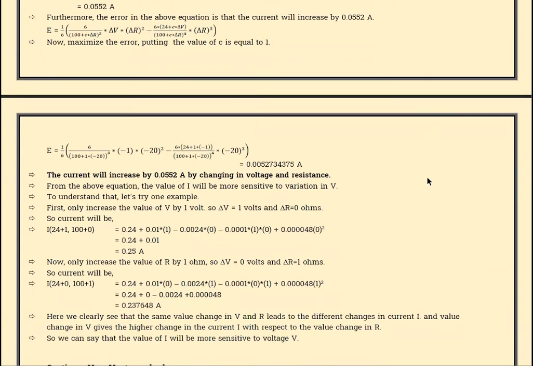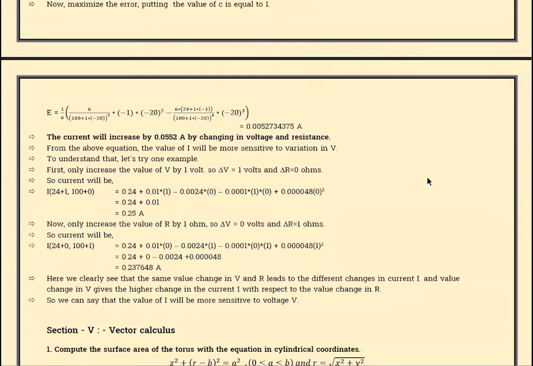Now, to check whether I will be more sensitive to V or R, let's try the first example. When we only change the voltage by 1 and don't change R, so ΔR is equal to 0, our current will become 0.25 ampere.